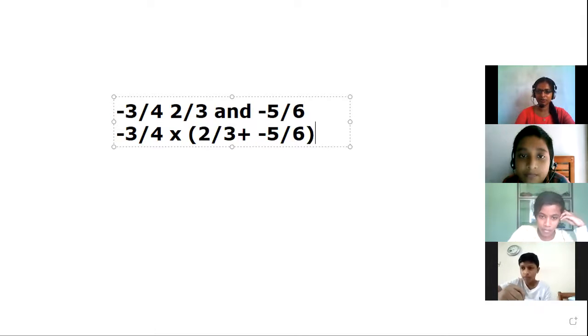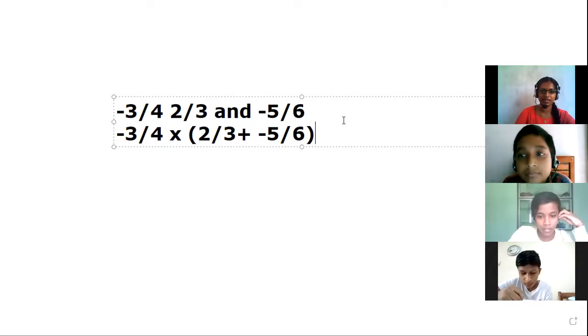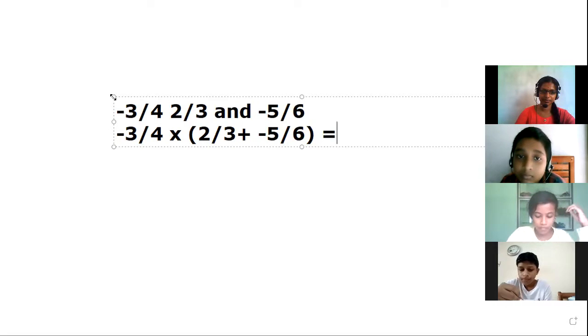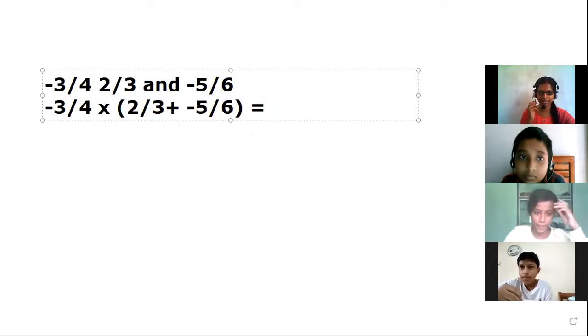Did you see this format before? Yes. In your previous year, you have learned how to open this bracket and how to find its solution. Okay. Then, how can we find this answer? In the first way, we can find the answer by first finding the sum of 2 by 3 and minus 5 by 6.